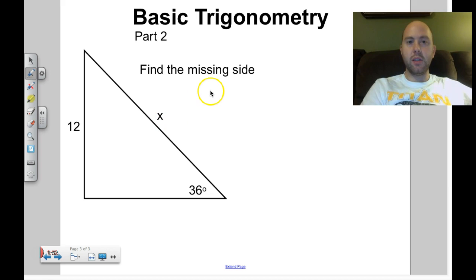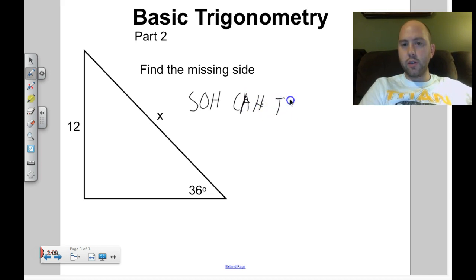Well, if we go back to that little expression I showed you earlier, SOH CAH TOA. The one that has opposite and hypotenuse is sine. Okay, so I want to use the sine.